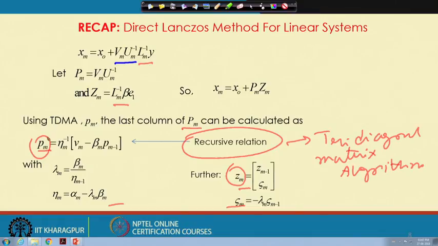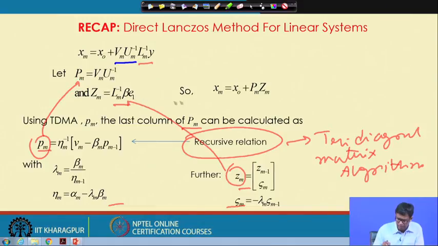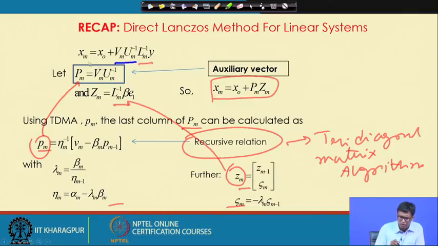Then you substitute P m and Z m, and write X m is equal to X 0 plus P m Z m. One important vector that we construct in this method is the auxiliary vector P m. We are using a recursive relationship for finding P m, and if we can do it in a more elegant way, we can probably get a much better solution.